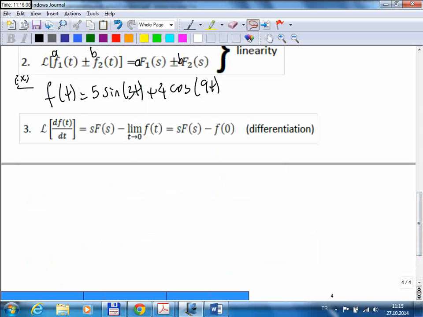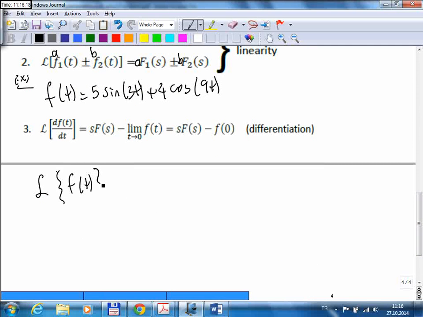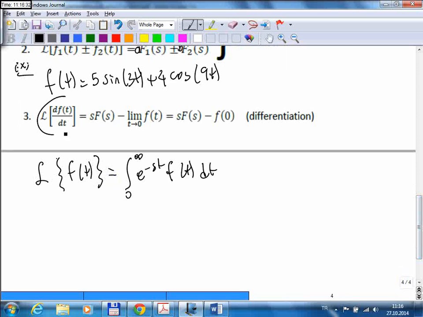Okay, so let's see where this property comes from. I would like to show you the proof of this property. So we know that the Laplace transform of a function, you need to take an integral. So what you need to do is put this thing into the integral.